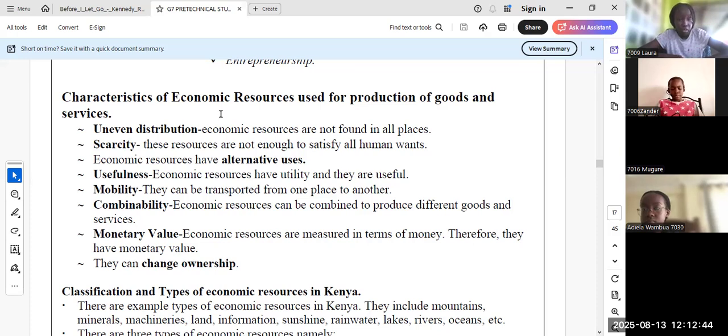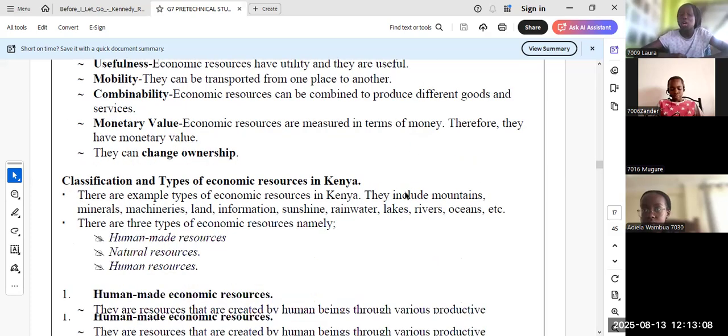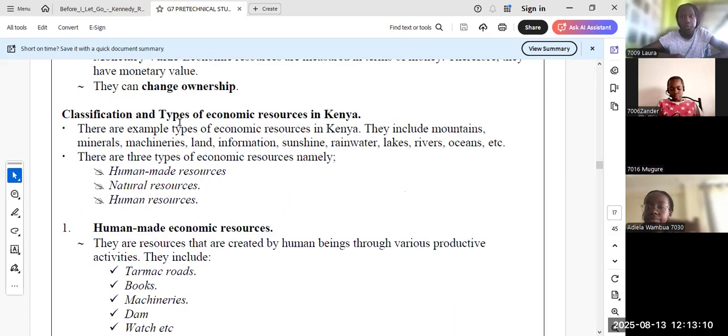They have mobility. In other words, they can be transported from one place to another. They have combinability aspect, meaning they can be combined to produce different goods and services. They have monetary value. All of them are attached to money. And lastly, they can change ownership.